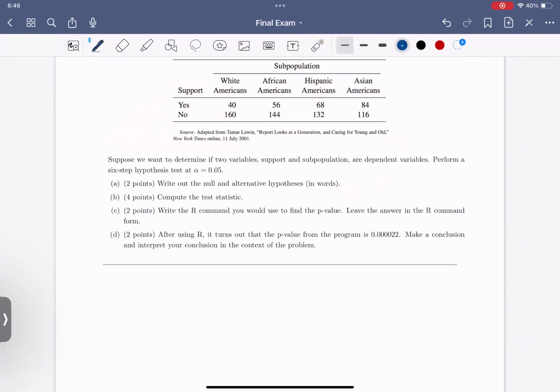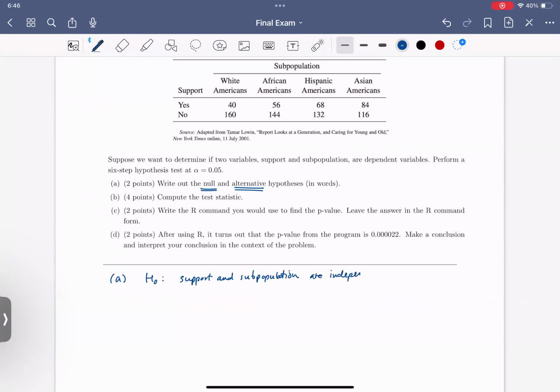Part A. Write out the null and alternative hypotheses. So of course the null hypothesis is going to be support and subpopulation are independent.